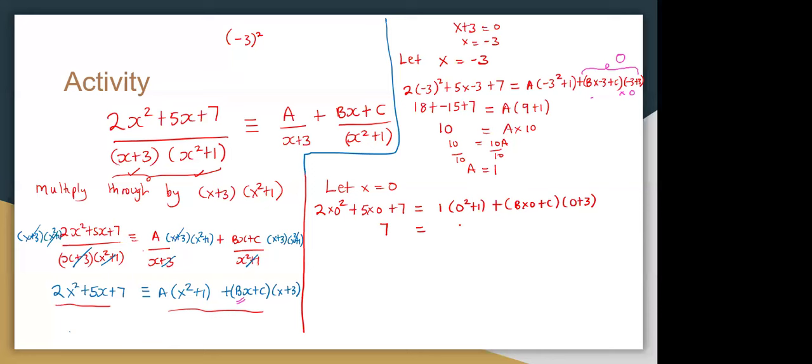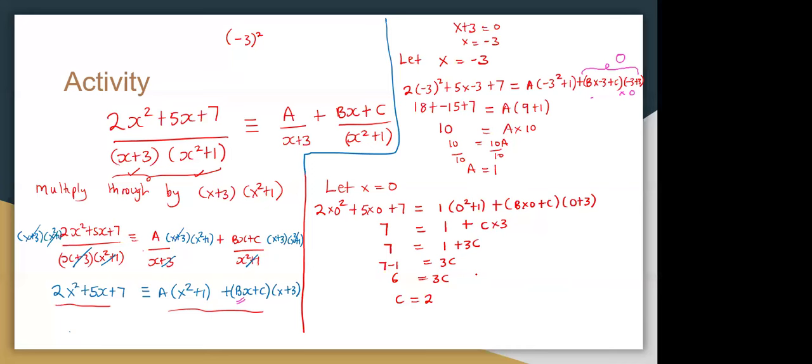Here I'm going to remain with 1 plus, here I'm remaining with C alone, then times 3. So this will be 7 equaling to 1 plus 3C. So you collect like terms, 7 minus 1 equals 3C. 6 is equal to 3C, and therefore my C will equal to 2. So you have obtained your A, you have obtained your C.